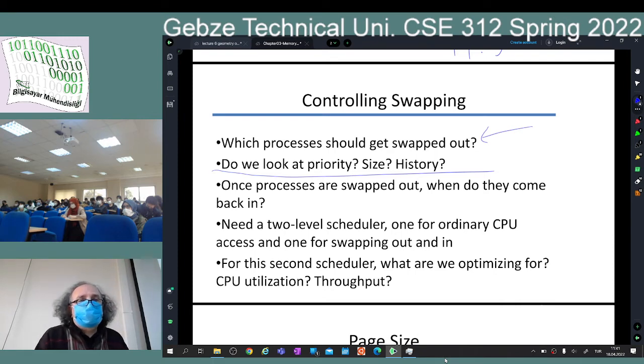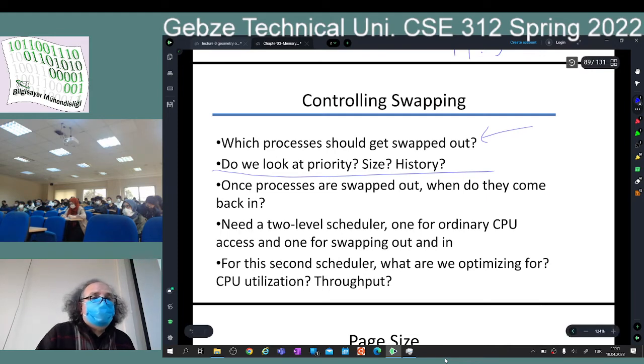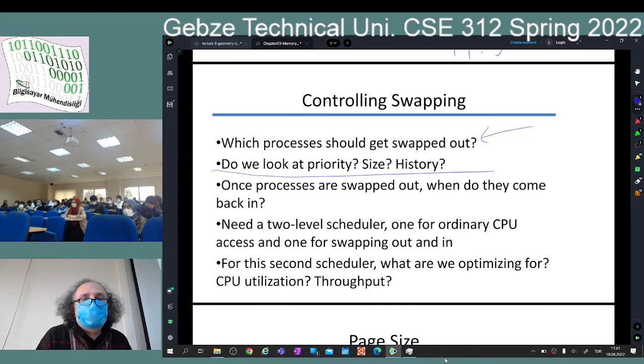controlling the swapping. Okay, and the other thing is that once the processes are swapped out, when do they come back in? Well, remember we said that these are blocked processes. When they are not blocked anymore, when the data they are waiting for is ready, should they immediately come back or should they stay on the disk for more time?